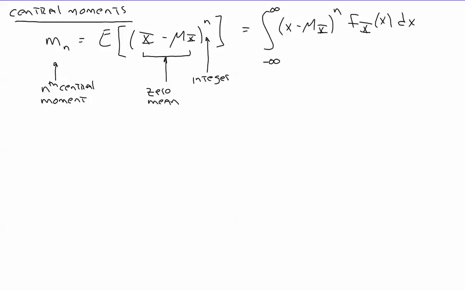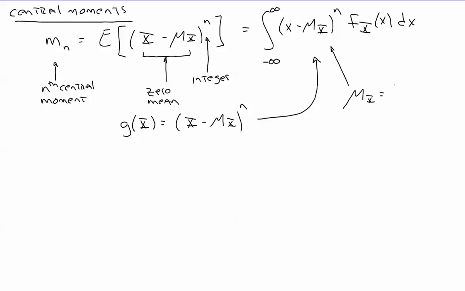My function now, if you will, is x minus mu of x raised to the nth power. So I plug that into my integrand, multiply it times the probability density function for x, and integrate over all possible values. And of course, mu of x is my first moment, or simply the mean of x.